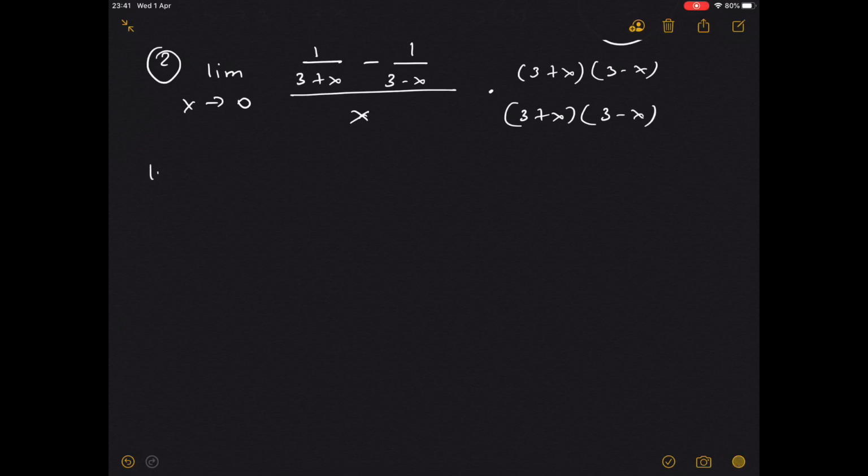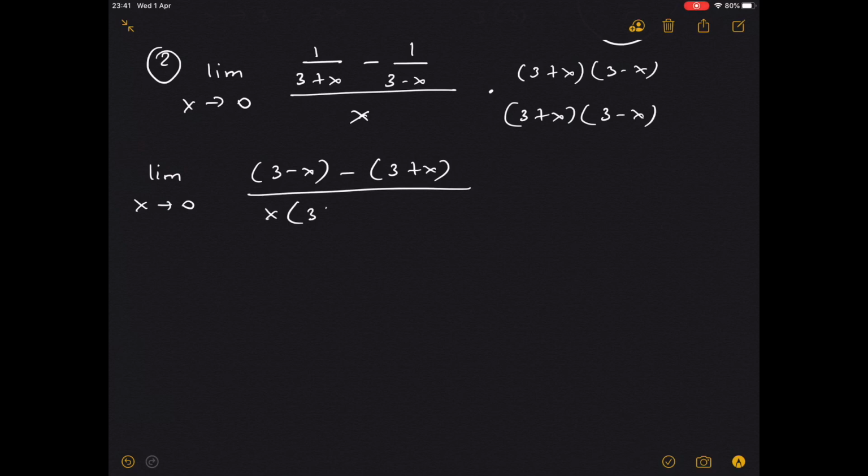So the resulting numerator, you have 1 over 3 plus x multiplied by that, you will have only 3 minus x, minus 3 plus x.